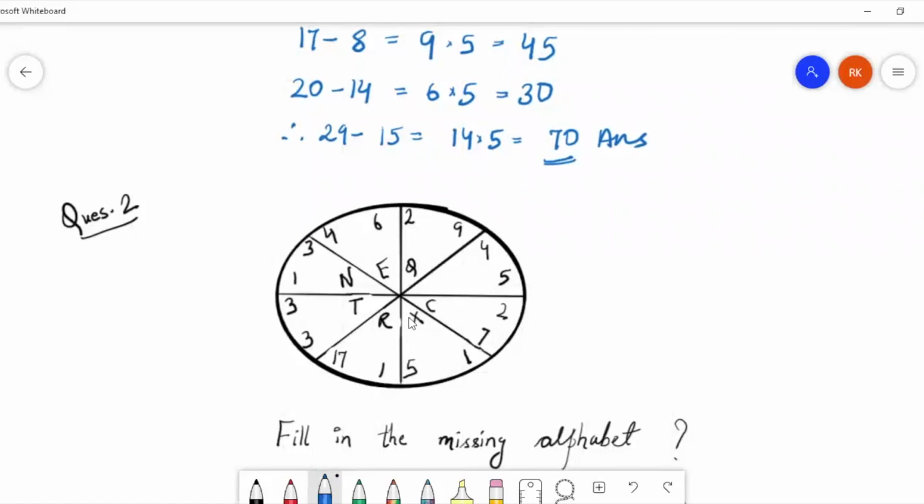Now see, X is 24, but with X we have been given 5 and 1. We will try to do something with this to get 24. Now 5 and 1, if we add, it's 6, multiply, it's 5, reverse, 15, or we are not getting anything. Then we will check the diagonally opposite sector of X.